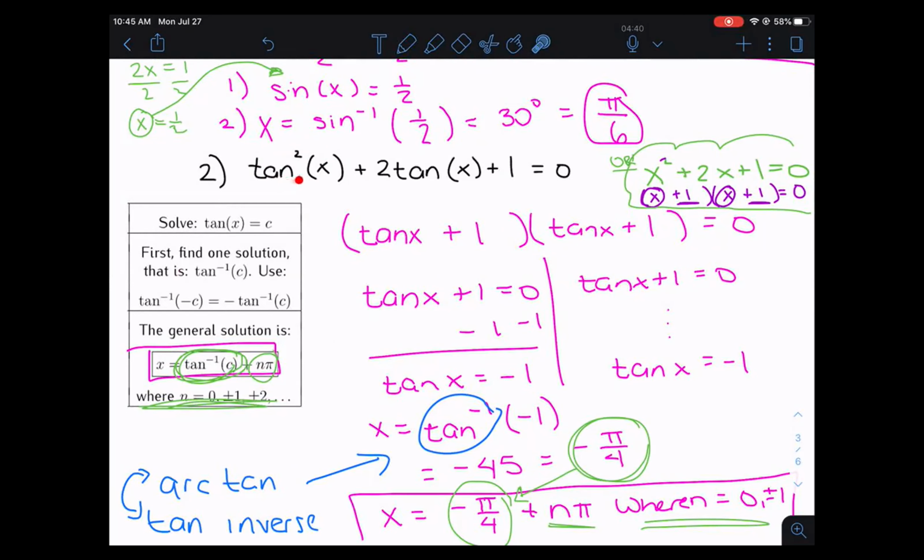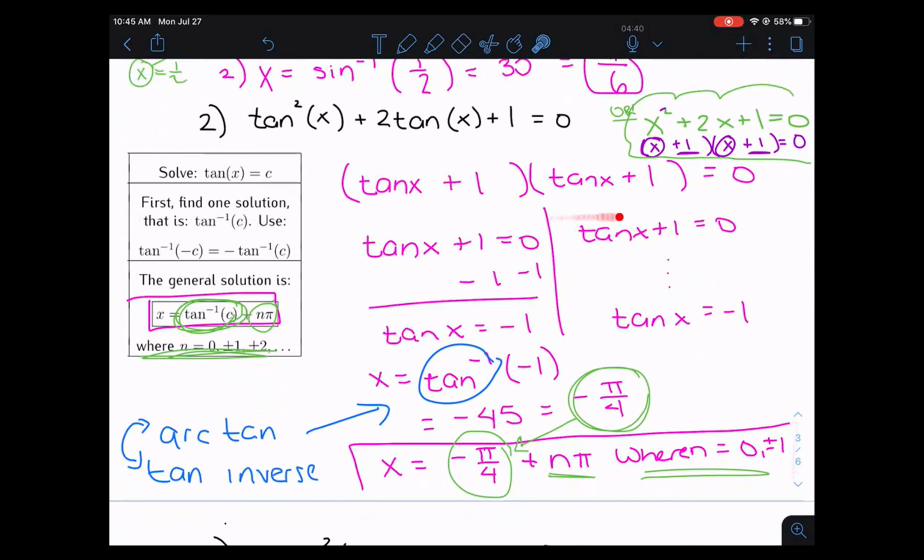But now you have tangent squared x, which means you're going to put tangent x here and tangent x here. So not just x by itself, but tangent x. And then again, you just have to think of two numbers that multiply to give you 1. That's 1 and 1. Do they add up to give you 2? Yes. So 1 times 1 is 1, and 1 plus 1 is 2. So that's how you can factor this.